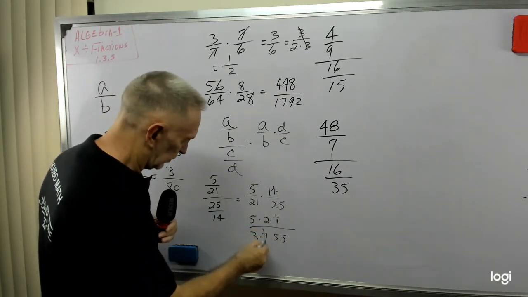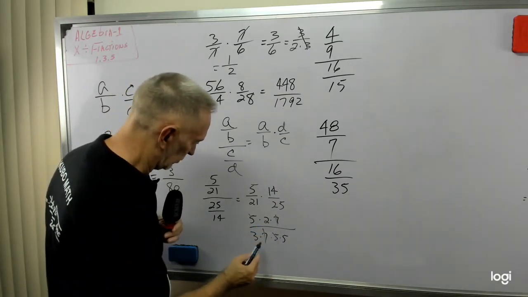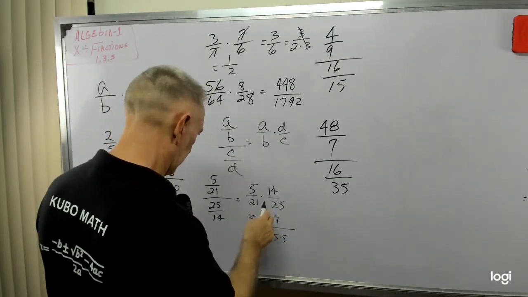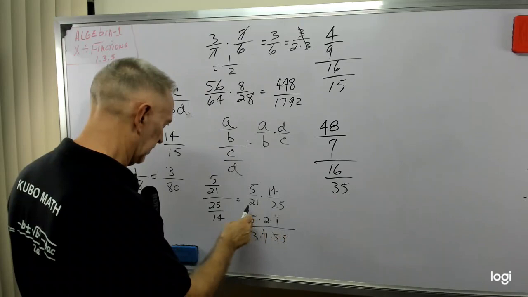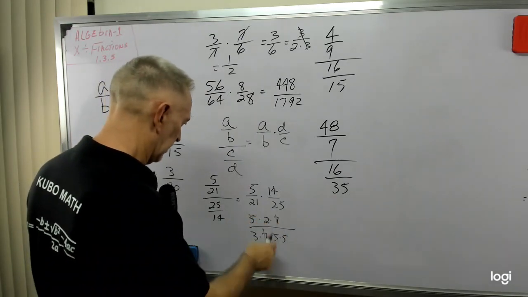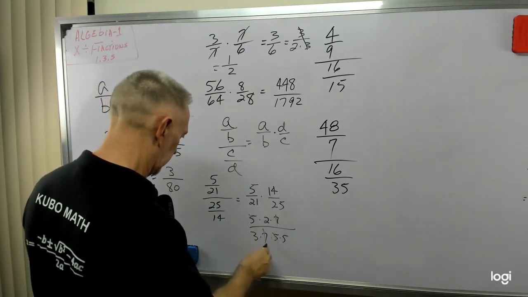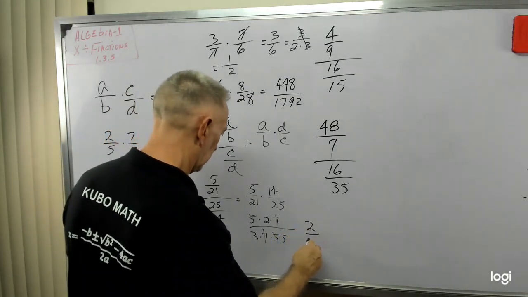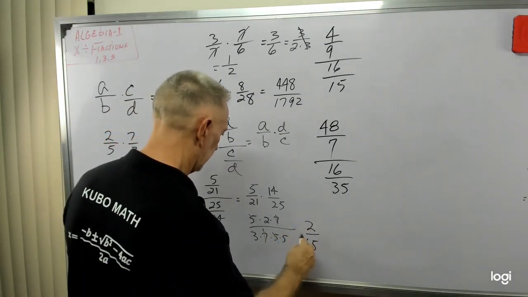So the 7s cancel. This 5 cancels. So I have 2 over 15. Is that what we have here? 5, 2 times 7, 7 times 3, 5 times 5. So I end up with 2 over 5 times 3. So 2 over 15.